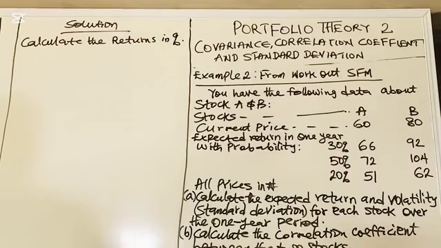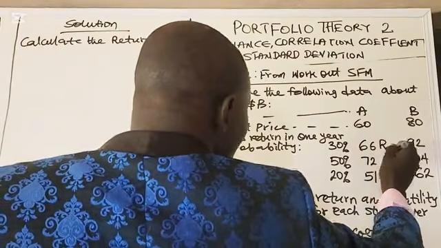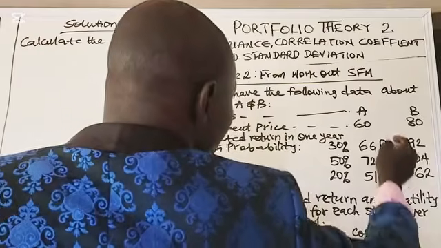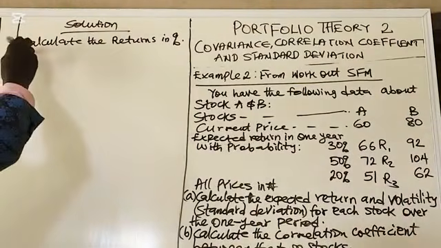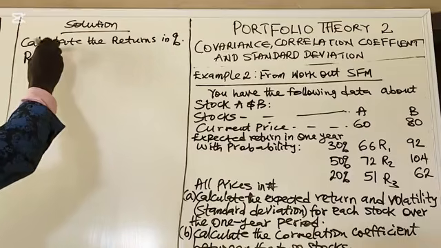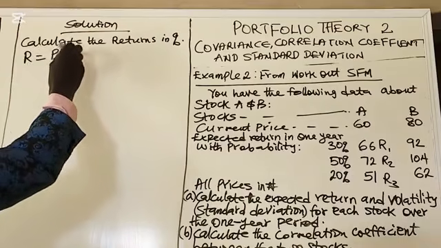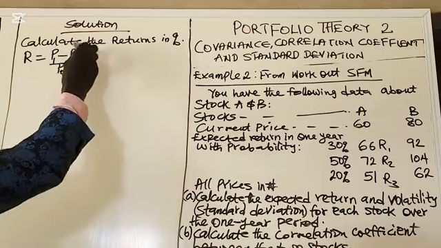You have 3 classes of returns: return 1, return 2, return 3. To calculate the returns in percentage, the formula is return equals P1 minus P0 over P0 times 100.